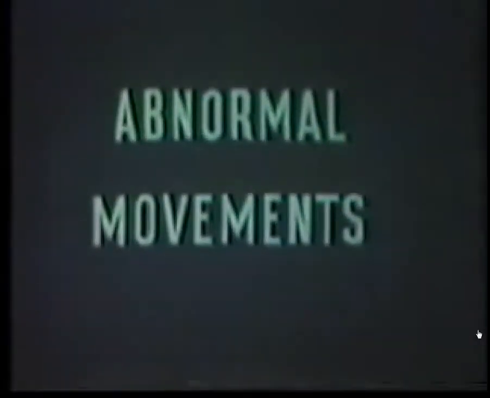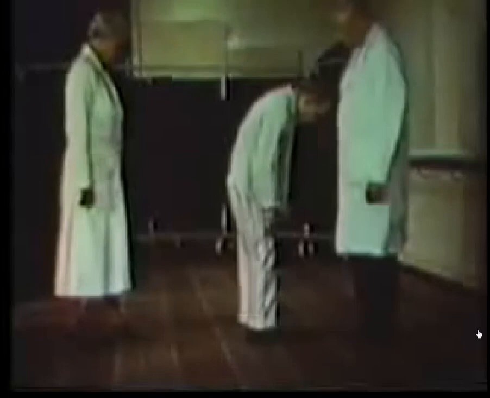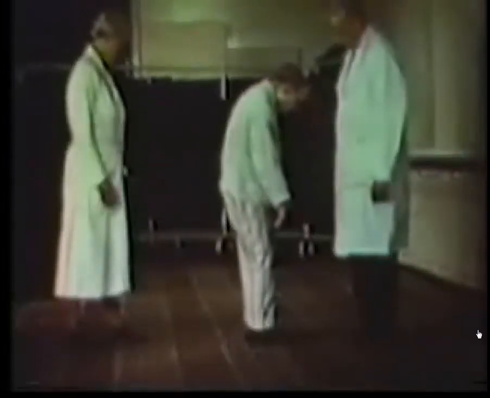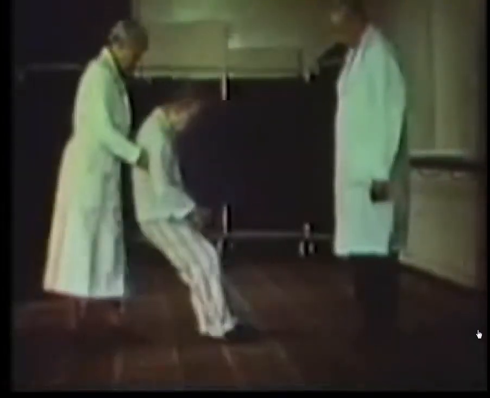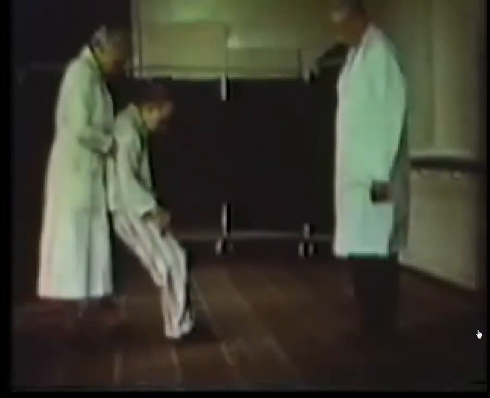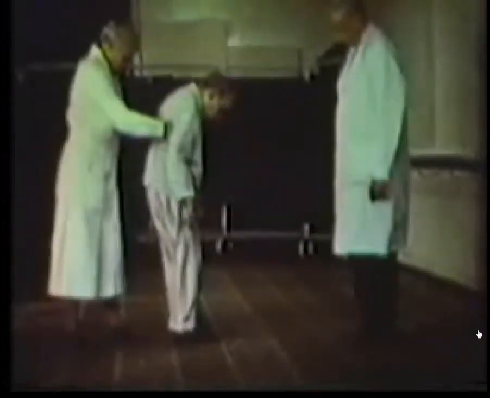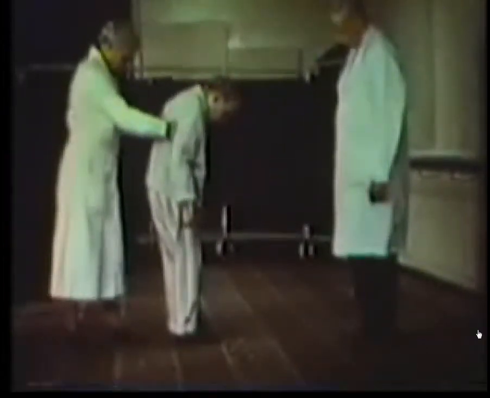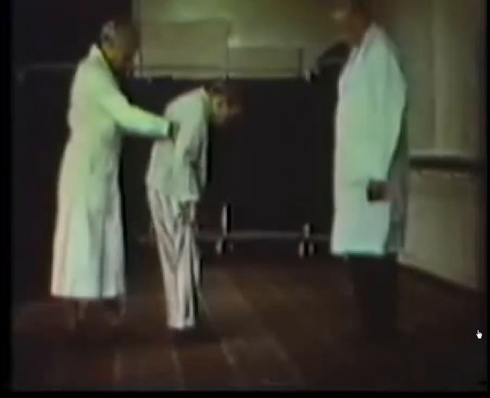This is very, very good old movie. If the disease involves both substantia nigra, there is difficulty in correcting posture when suddenly displaced. This man literally falls backwards when he is lightly pushed.